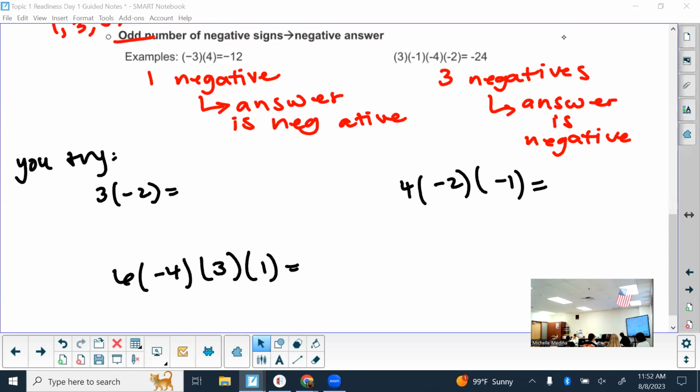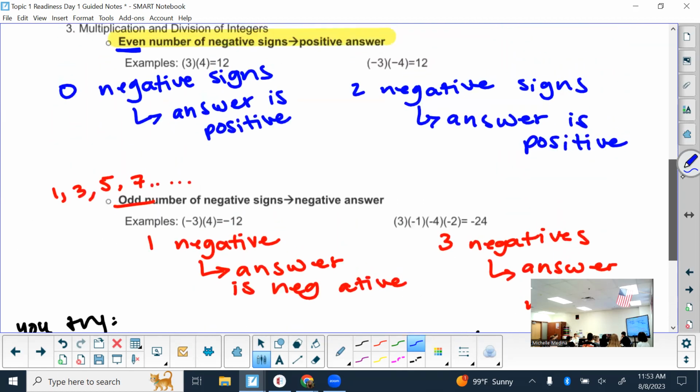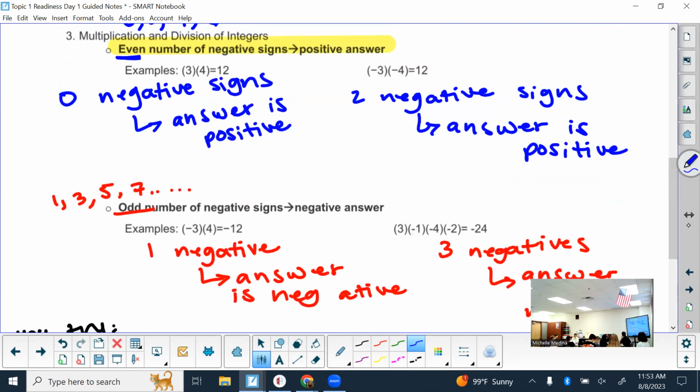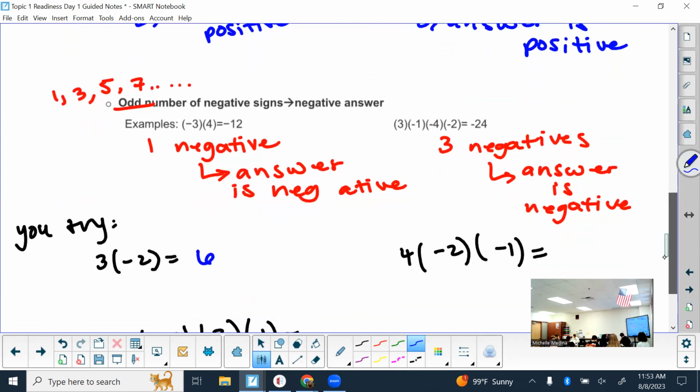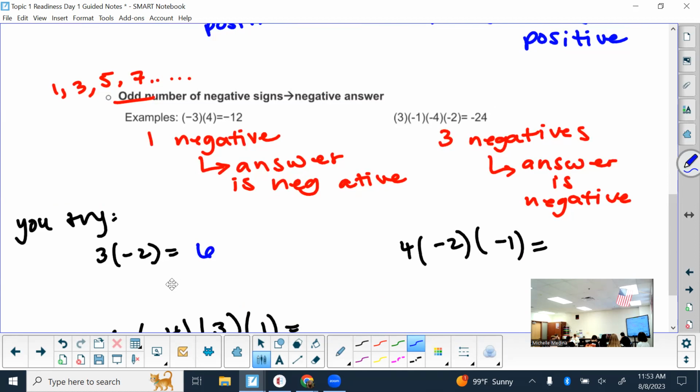Okay. So table 2, what's 3 times -2? Positive 6? Okay, class, agree, disagree? Let's see what the rule says. So if it's an even number of negatives, my final answer should be positive. If it's an odd number of negative signs, my answer should be negative.